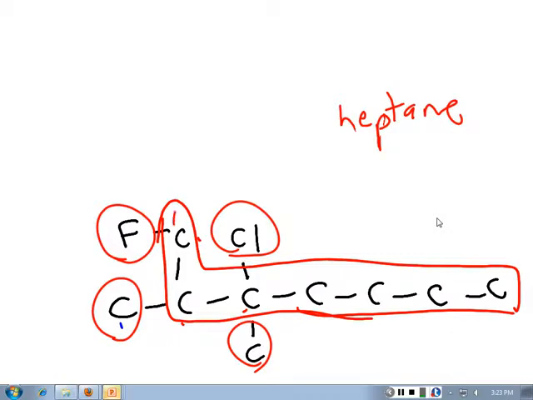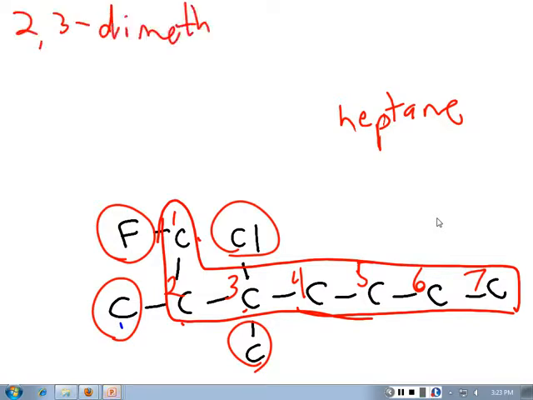Now, it's important to note, you cannot have an alkyl substituent on carbon number 1 in an acyclic hydrocarbon, or in an alkane, because if it was attached to carbon number 1, the chain would just be longer. But you can have a halogen on carbon number 1. So we have 2 methyl groups. So this is going to be 2,3-dimethyl.